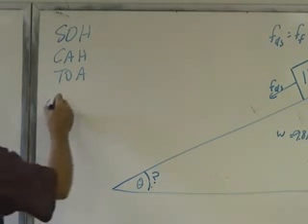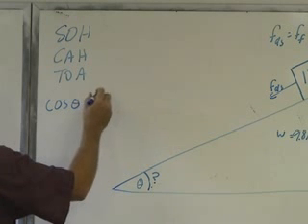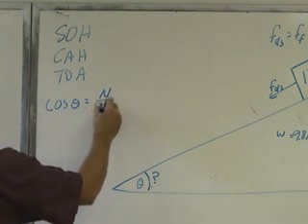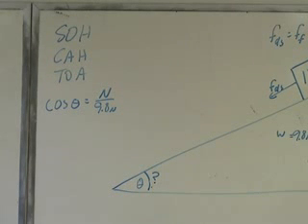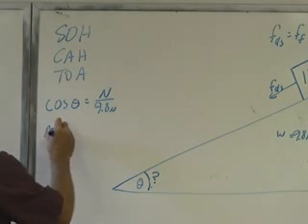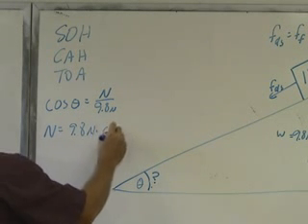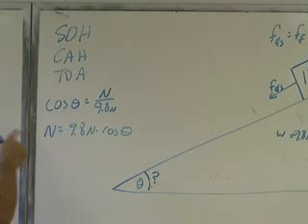Cosine of theta equals N, the normal, over 9.8 newtons. So our normal force, we just take this one more step, is 9.8 newtons times cosine theta. That's our normal force.